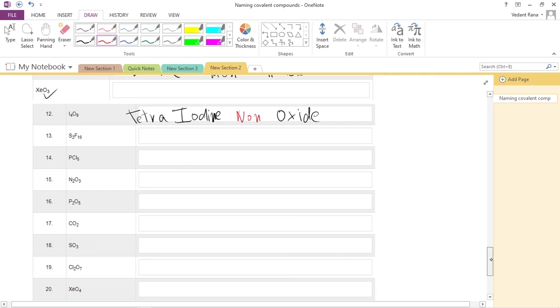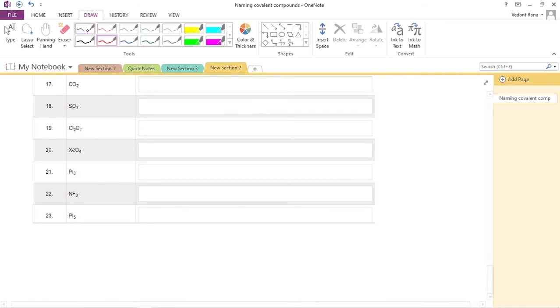Let's do this one. XeO4. Xe stands for xenon. Xenon is a noble gas. O stands for oxygen. One atom of xenon, but we don't use mono for the first element. 4 atoms of oxygen, so 4 corresponds with tetra.